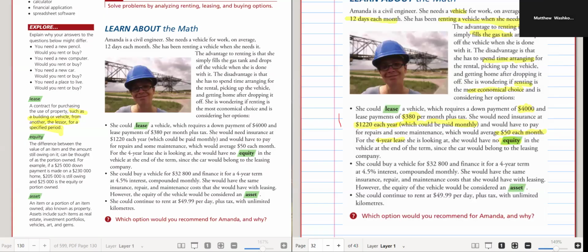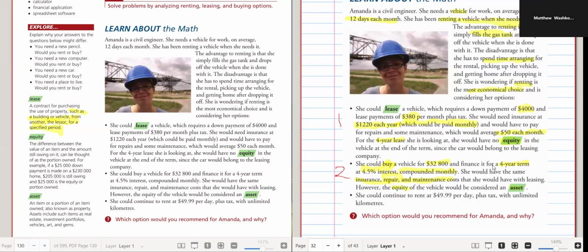So that's option one. Option two, she could buy a vehicle for $32,800 and finance it for a 4-year term at 4.5% interest, compounded monthly. She would have the same insurance, repair, and maintenance costs as she would for leasing the vehicle. However, she gains equity of the vehicle, right?